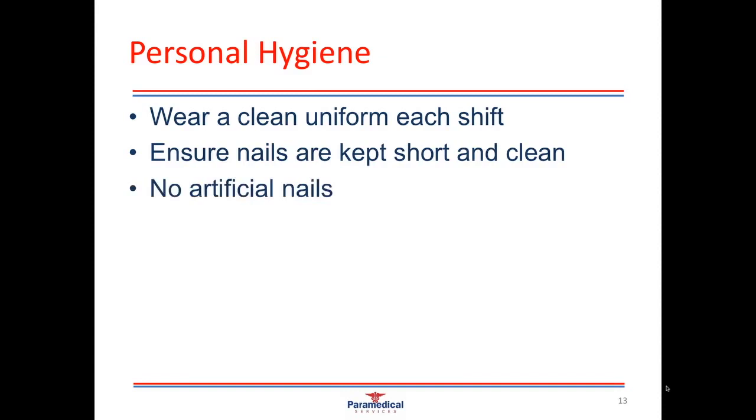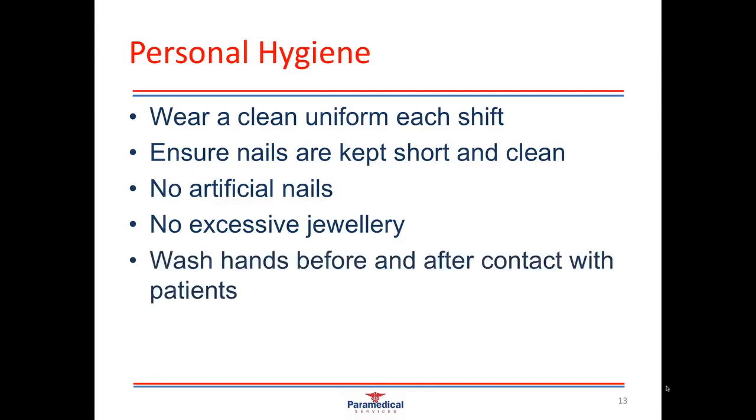Artificial nails, long nails, and excessive jewelry are a breeding ground for bacteria, and often these areas are not cleaned appropriately when performing good hand washing techniques. So it's very important to keep nails short, no artificial nails, and no excessive jewelry. And again, just ensure that you're washing hands before and after contact with every patient.